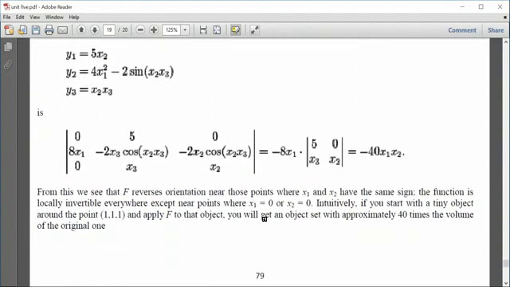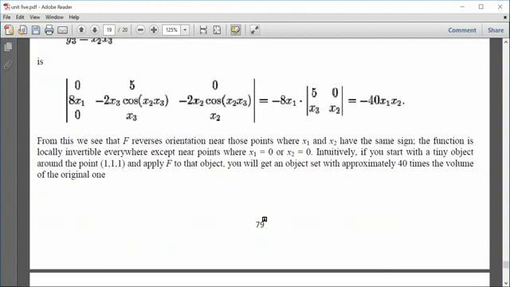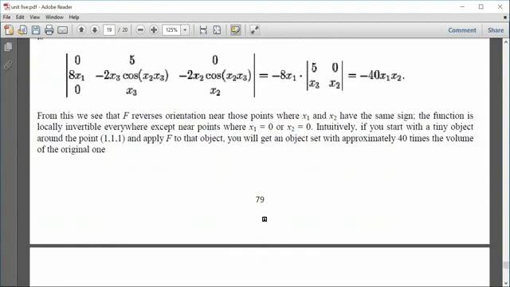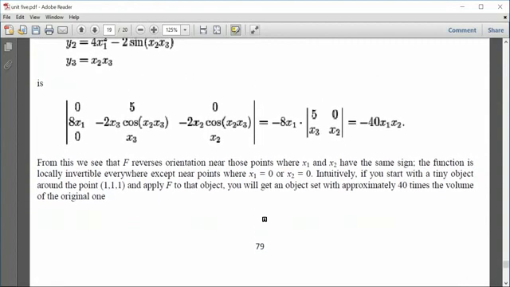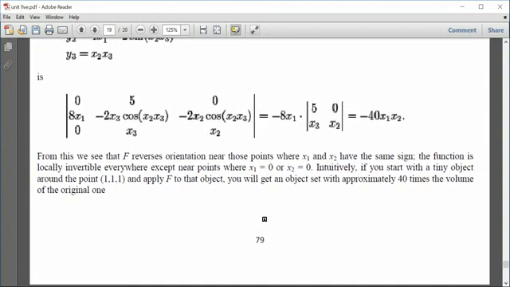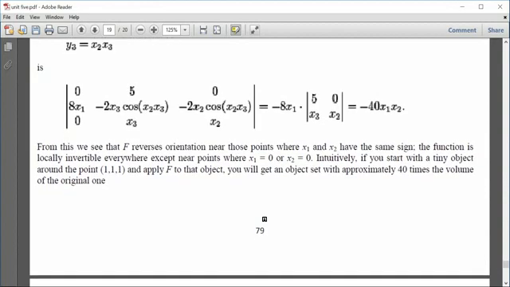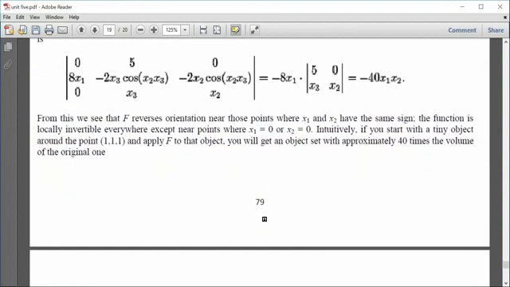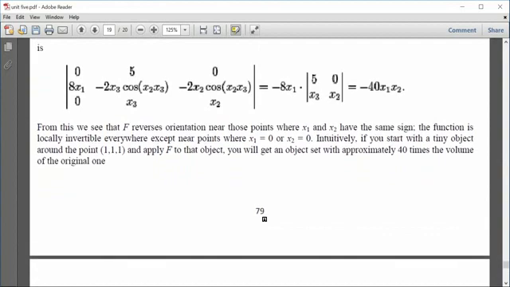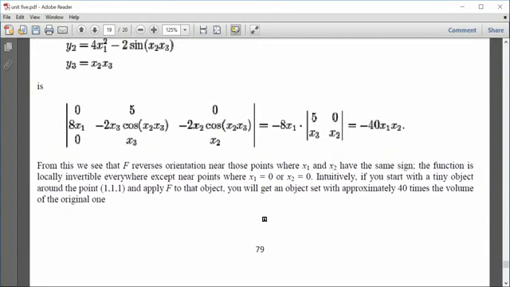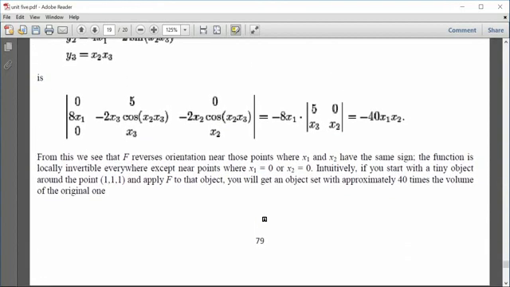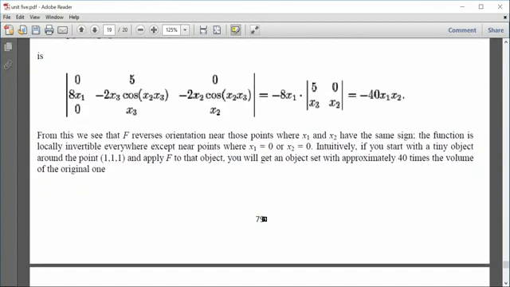From this example 4, they are telling us that f reverses orientation near those points where x1 and x2 in our functions have the same sign. The function is locally invertible everywhere except near points where x1 is equal to 0 or x2 is equal to 0.